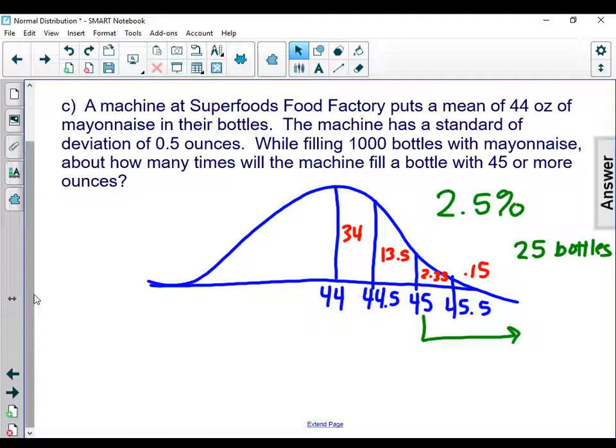A whole nother ounce of mayonnaise. I don't know. That would be one of those factories I could not work in. Superfoods Food Factory. No, like a mayonnaise factory. That just sent chills up my spine. That or like a chicken farm. Ugh.